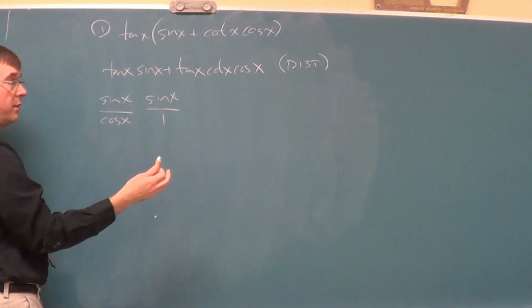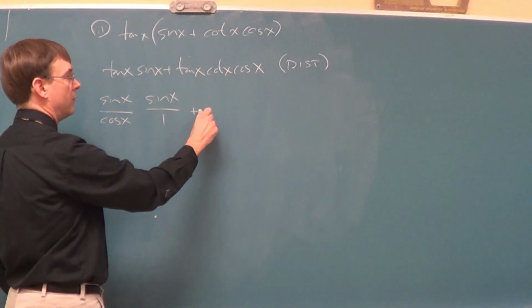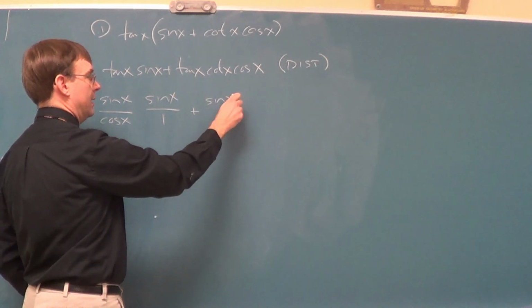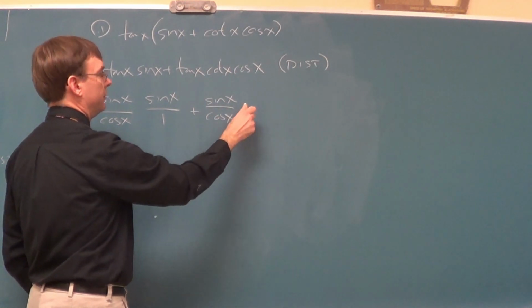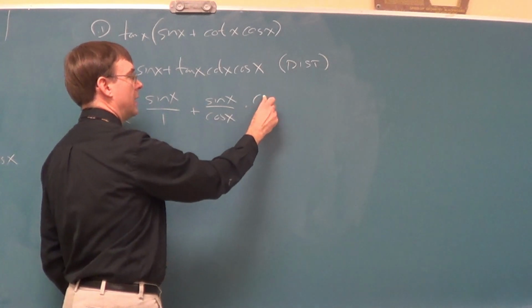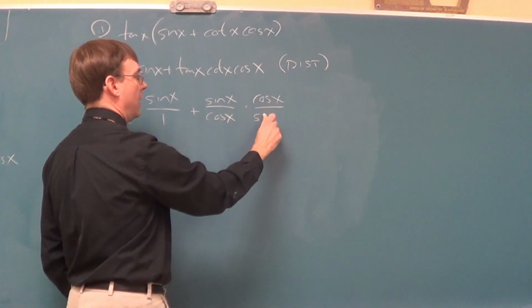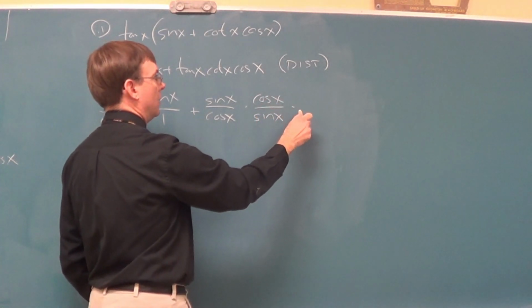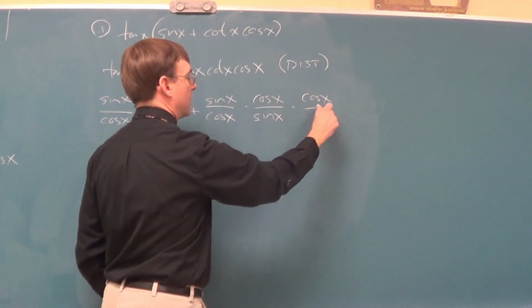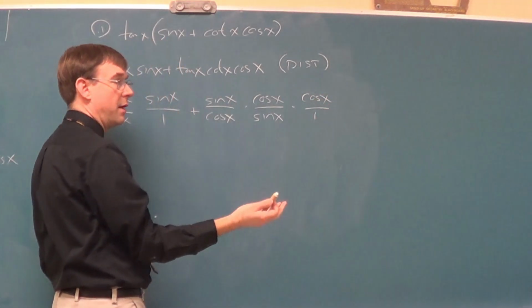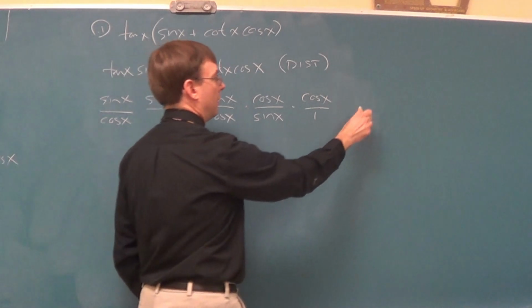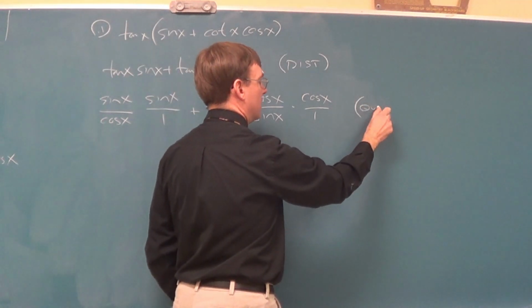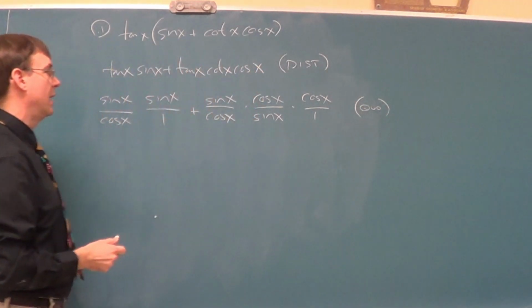Put that over 1 if it makes you feel better. Tan is sine over cosine. Cotan is cosine over sine. Cosine is just cosine. Put it over 1 if it makes you feel better. You're never required to do that. That was some quotient properties that I just used.